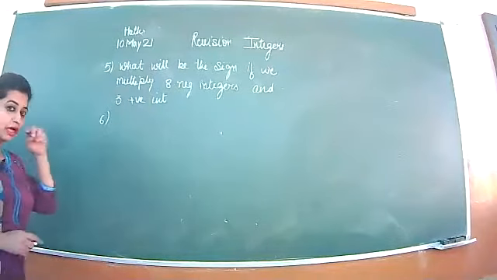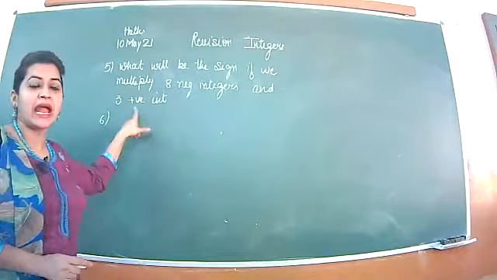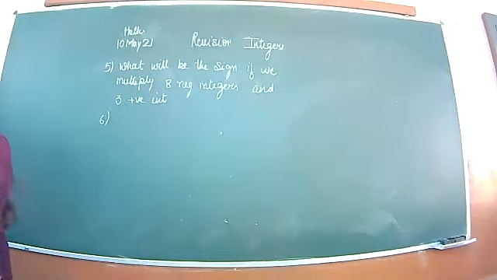Do this question. What will be the sign if we multiply 8 negative integers and 3 positive integers? Tell me the sign. It will be positive or it will be negative?